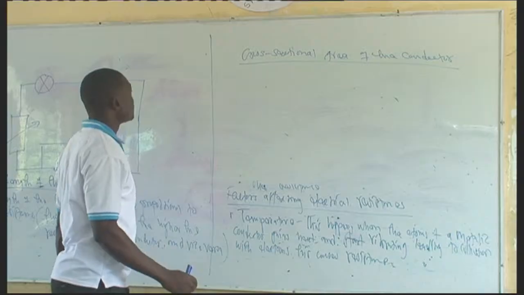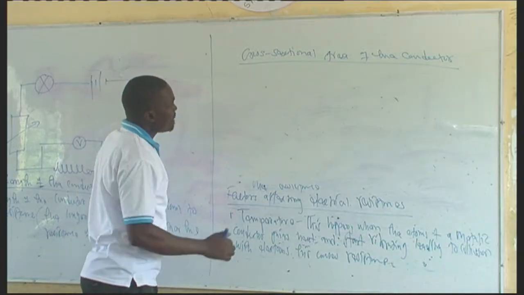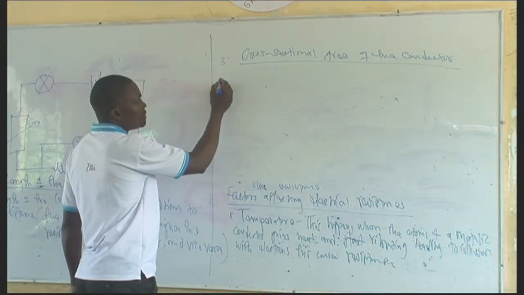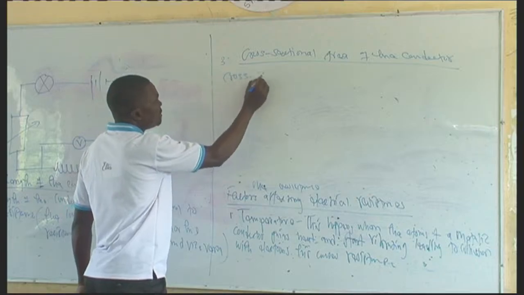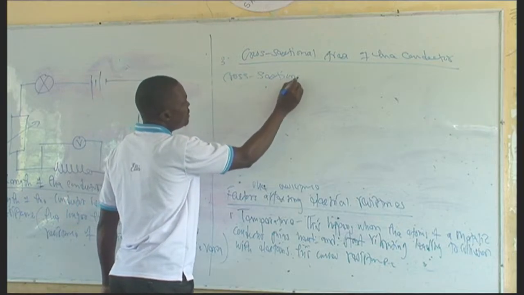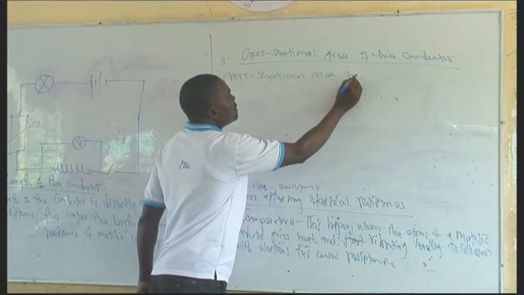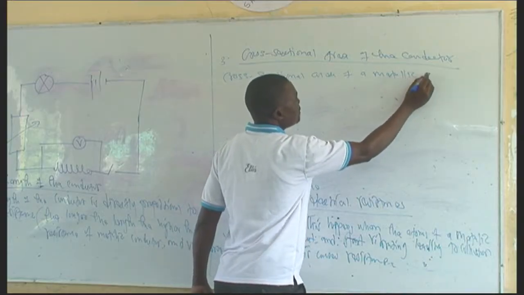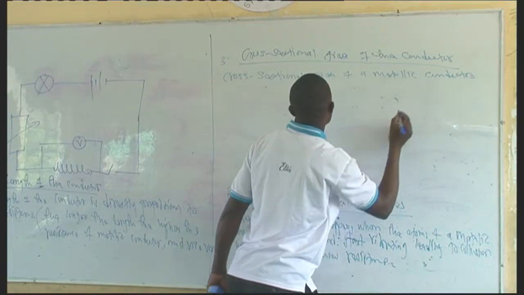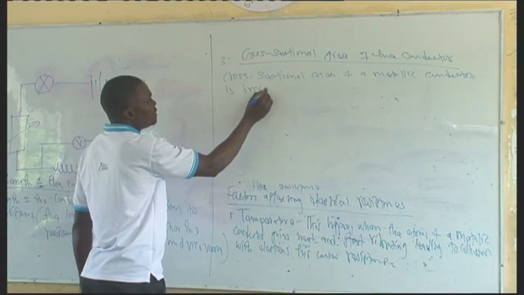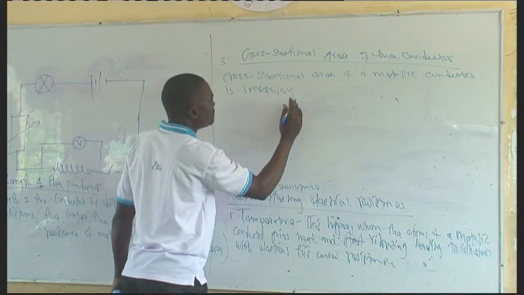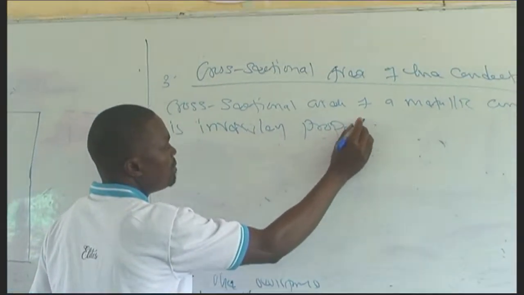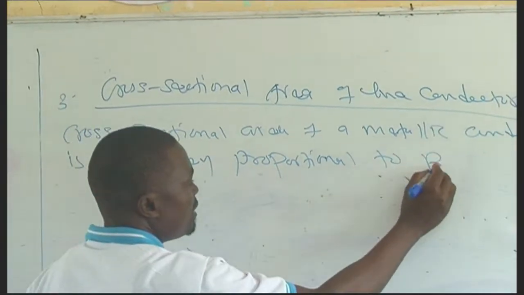Now, through experiment, we realize that the cross-sectional area of a metallic conductor is inversely proportional to resistance.